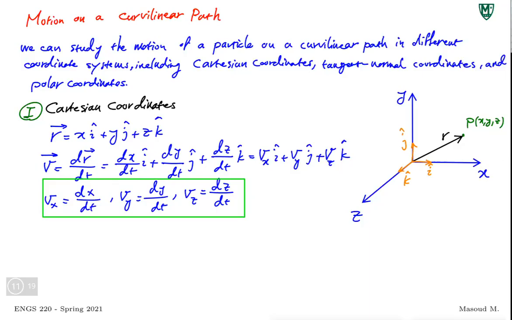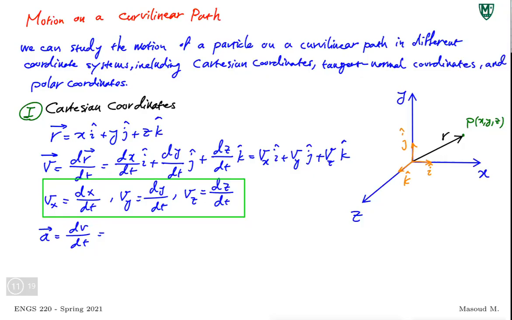Same story for acceleration, right? It's just pretty much the derivative of velocity. So acceleration, following the definition, is dv/dt. Now, same story. Vx i is the x component, so it becomes dvx/dt times i plus di/dt times vx, as the unit vector doesn't change. Its magnitude is 1, its direction is always constant. So the derivative with respect to time for that vector is 0.